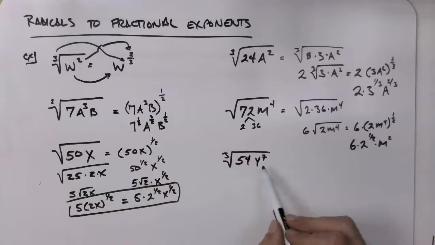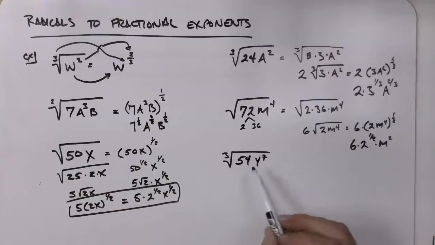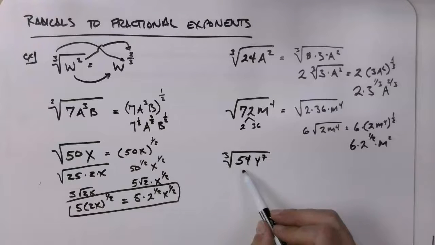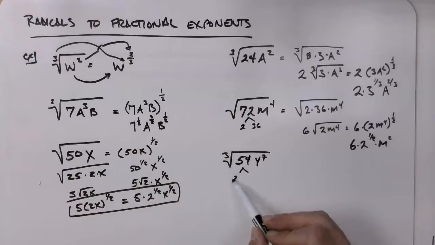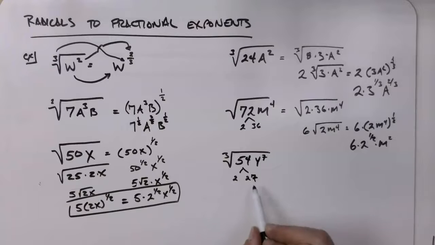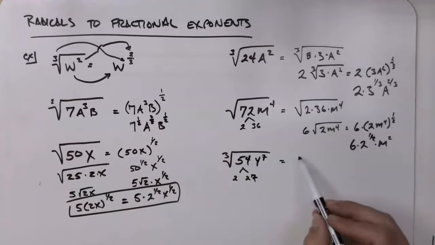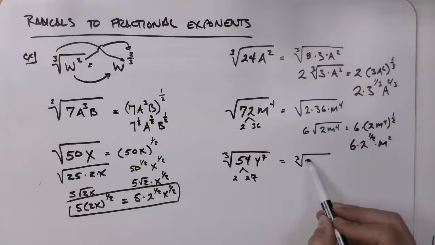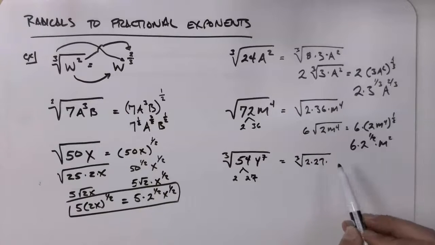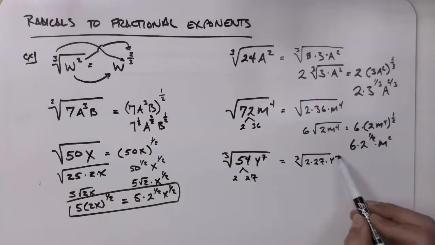Then our last one here, 54. Maybe you don't recognize that one either, but you just say, well, I'm just going to try to divide this one by 2. And 2 times 27 is what it turns out to be. But 27 is a perfect cube for 3. And so you'd see this one, you'd say, oh, this is going to be the cube root of 2 times 27 times y to the 7th.